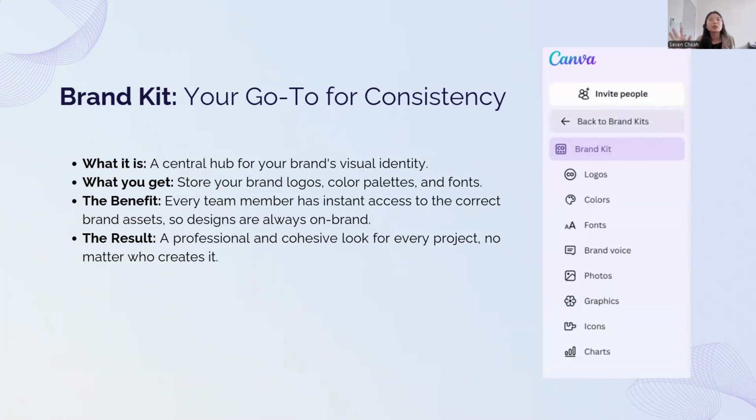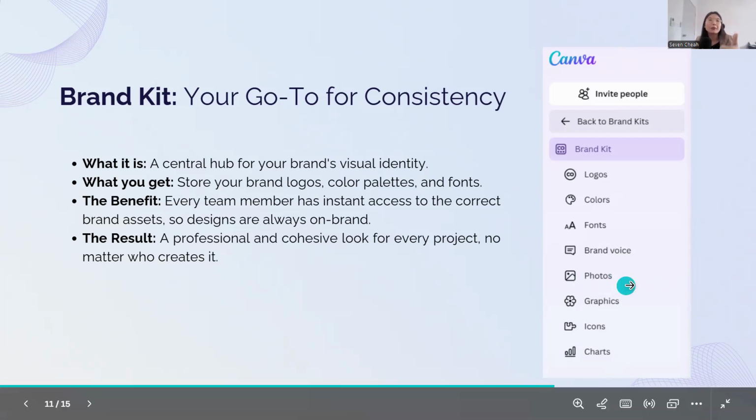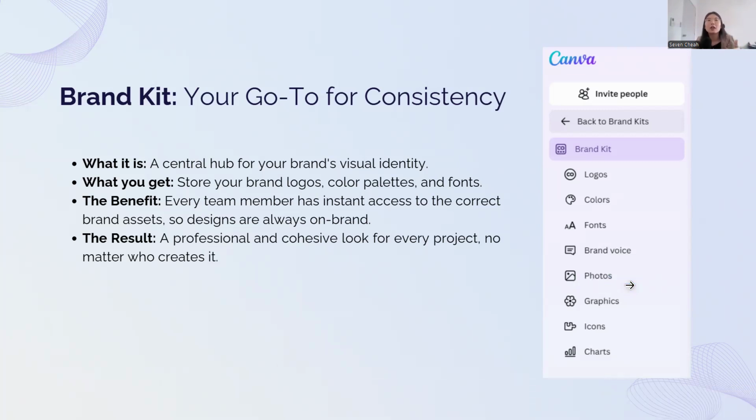So basically, when you talk about brand, the first thing we always think about is the logo, right? So not just logo, but the color, the font. If you have any branding voice, specific requests and everything, you can write down. Photo, which means either your product photo, your company photo, your important person photo or VIP photo that you were going to use frequently in your design.